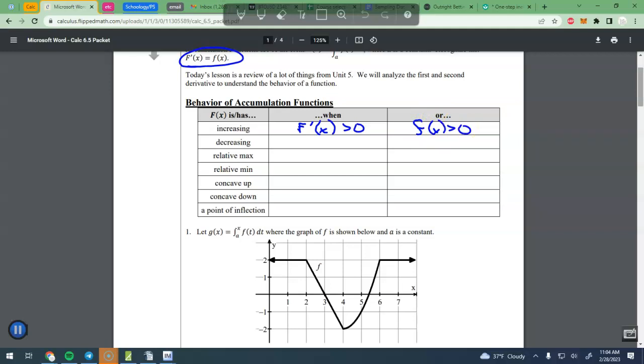Both of these are the derivative of capital F. They're just written different ways, so either one of these could be true. Decreasing then would be if F prime of x is less than 0, or lowercase f is less than 0. These are supposed to be lowercase, yeah.